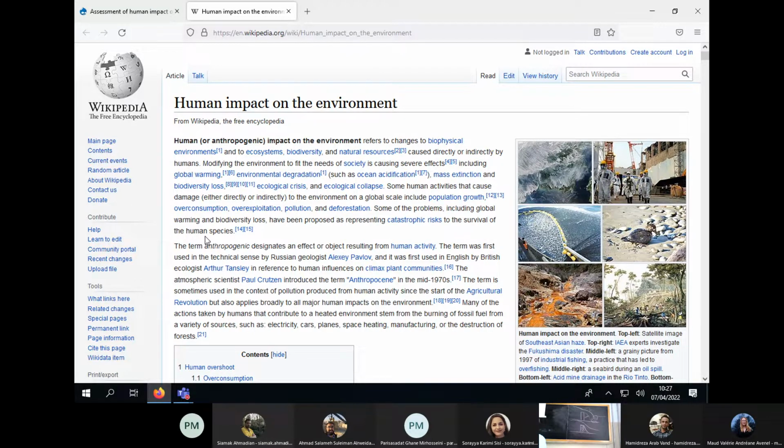On the other hand, it is also true that there are some consequences of human impact which are extremely relevant in the places where people live. So we know many examples: contamination of water, contamination of lakes, rivers, oceans.